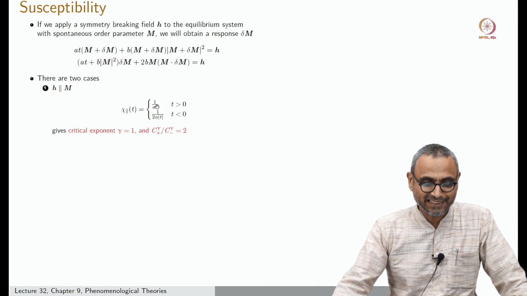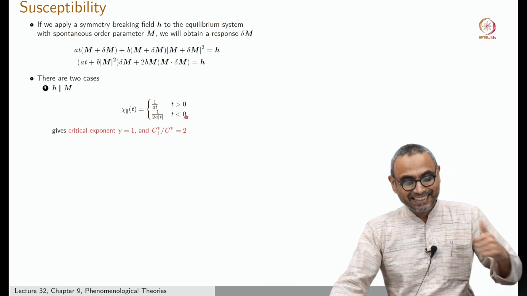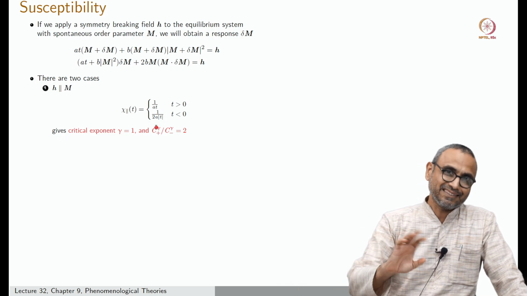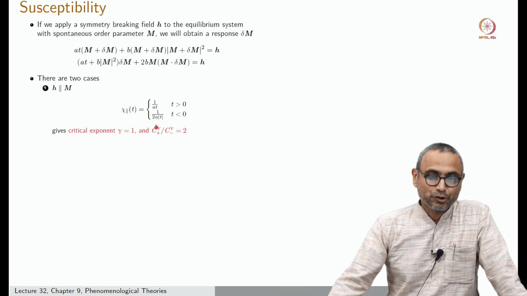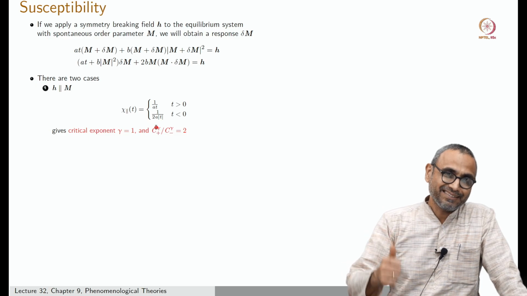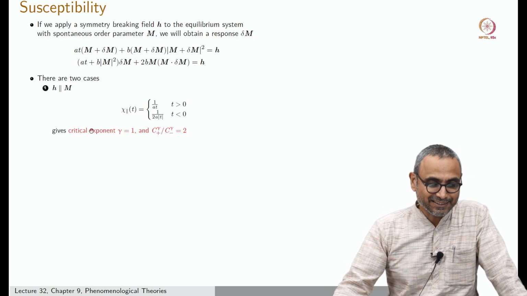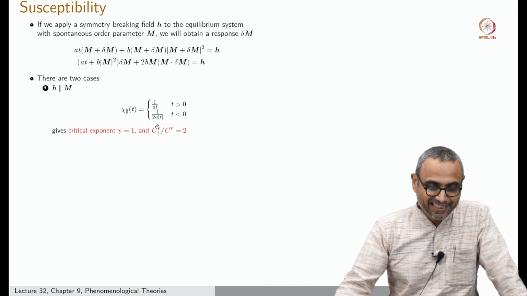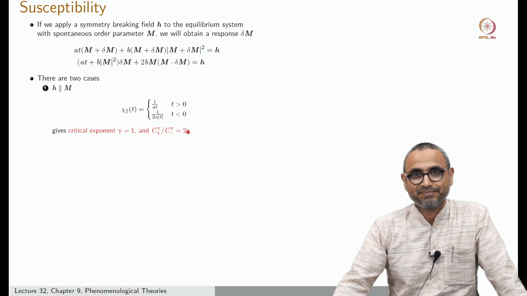And when t is less than 0, you will get exactly what you found for the simple Ising case. So it has a critical exponent of gamma equal to 1, and C gamma plus by C gamma minus, the amplitude ratio, is 2.